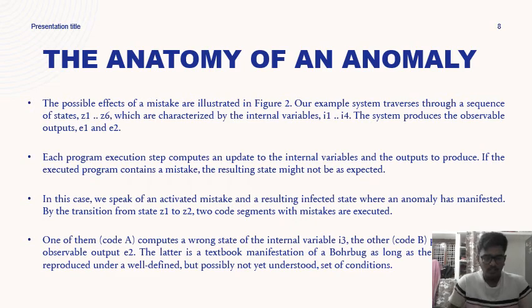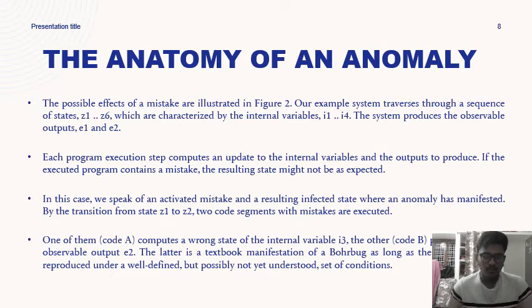Each program execution step computes an update to the internal variables and the outputs to produce. If the executed program contains a mistake, the resulting state might not be as expected. In this case, we speak of an activated mistake and a resulting infected state, where an anomaly has manifested by the transition from state Z1 to Z2. Two code segments with mistakes are executed.